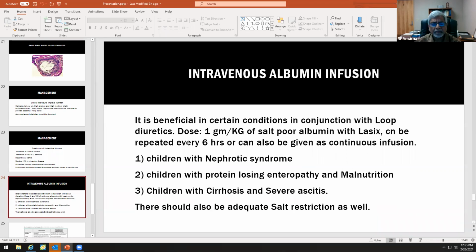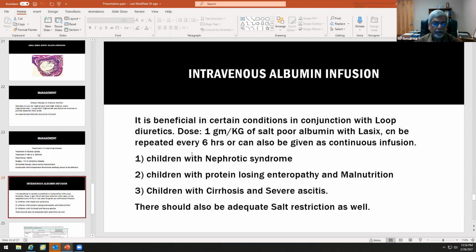So the usual dose is 1 gram per kilo of salt poor albumin, followed with Lasix. And this can be repeated every 6 hours or so, or on rare occasions, you can put it in the TPN and give a continuous infusion, and follow with Lasix every 3 to 4 hours or every 6 hours or so to get relief from that.